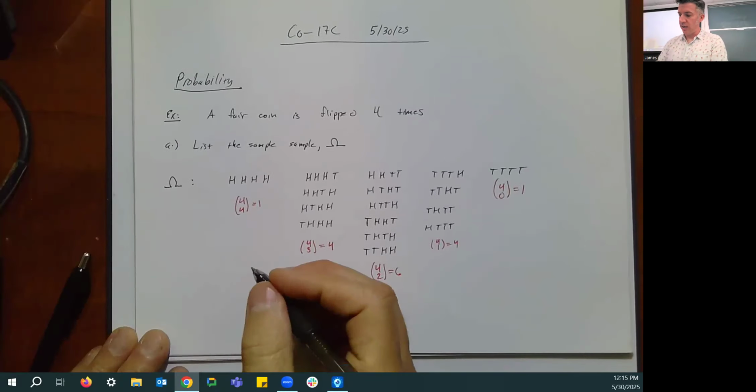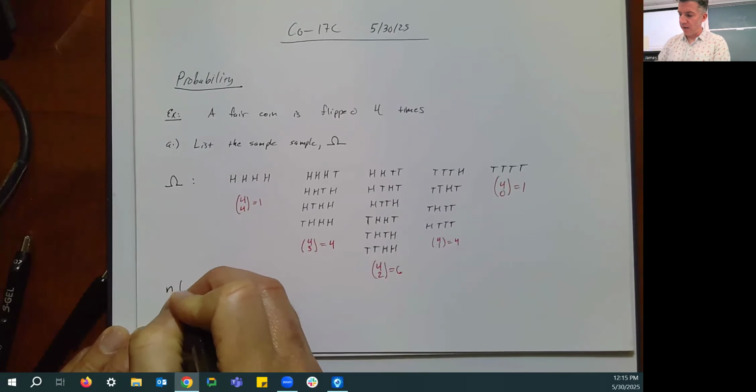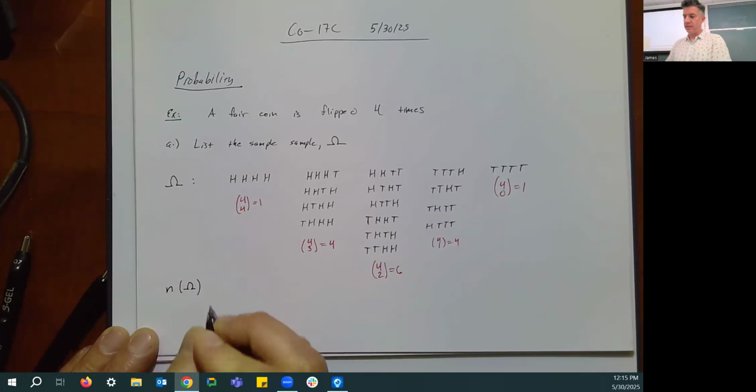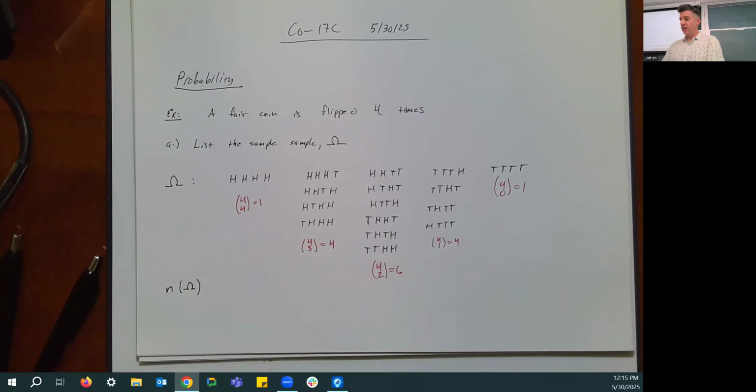We could use some notation to say the number of elements in the sample space, n of omega, is, well, normally you wouldn't just list them out and count them up, right? We could: 1 plus 4 plus 6 plus 4 plus 1 is 16. But really, this is where we should think about how to count the number of things that can happen.